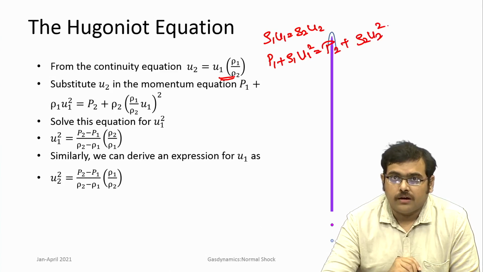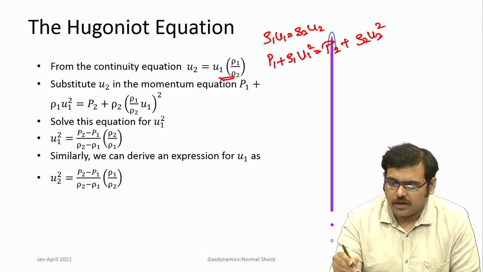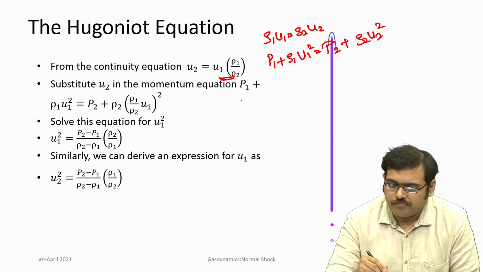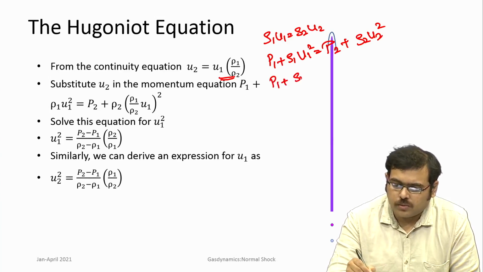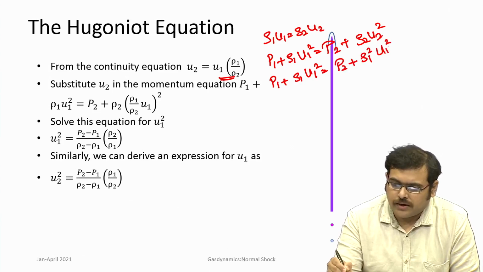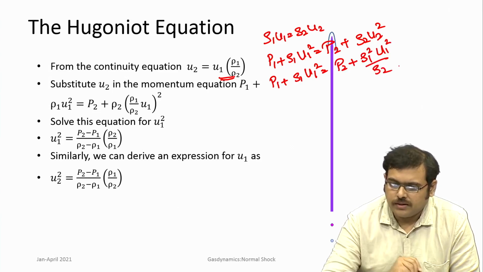Now, here we substitute for u2. So p1 plus rho 1 u1 square is equal to p2 plus rho 1 square u1 square by rho 2.